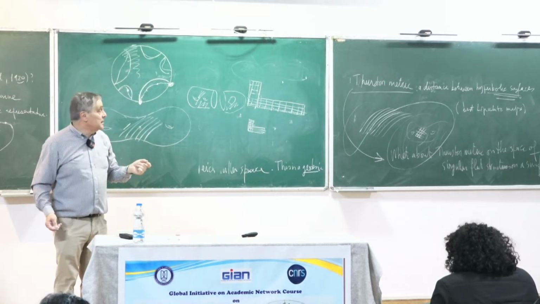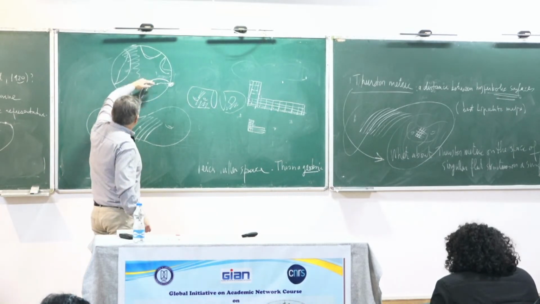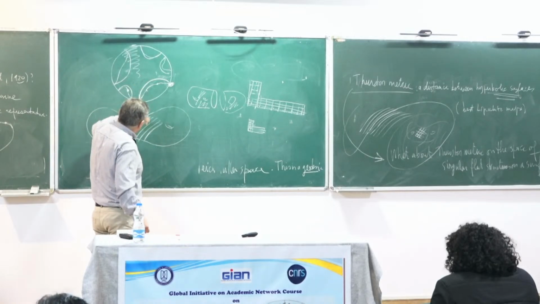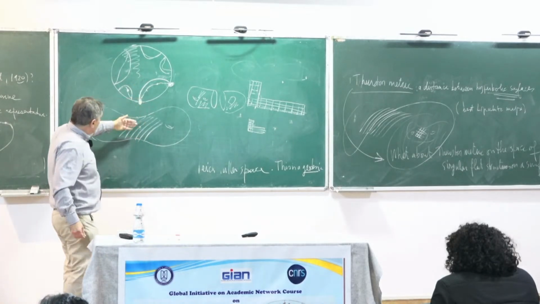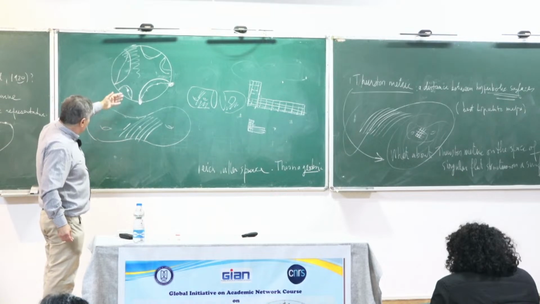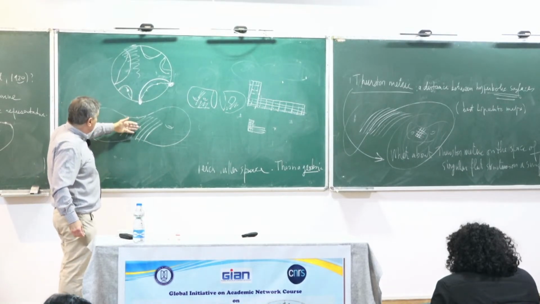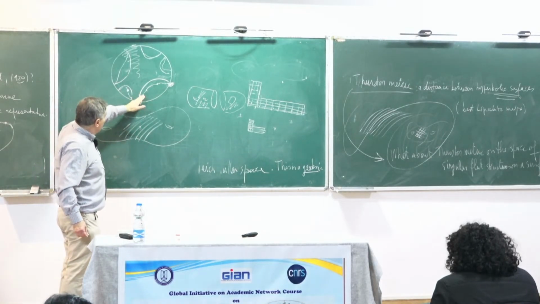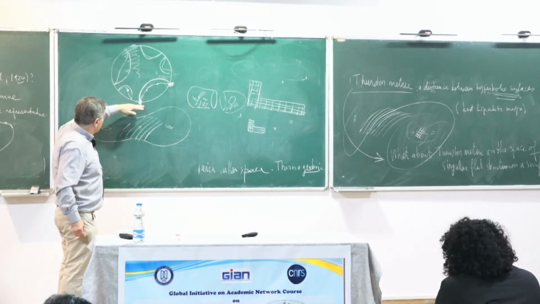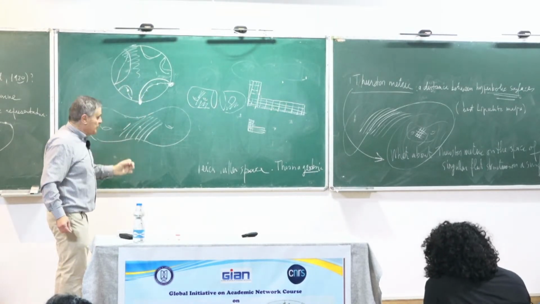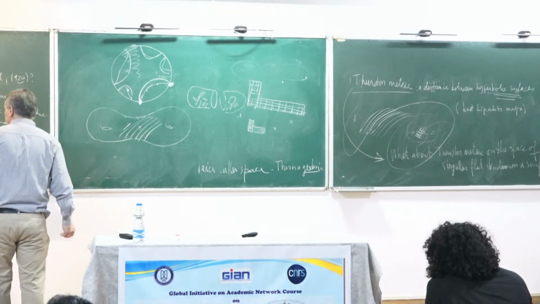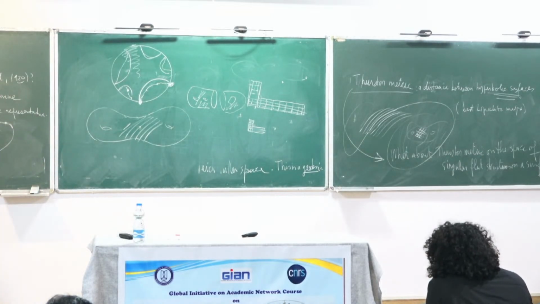I get a collection of geodesics, and since everything is compatible, this is the universal cover of this. I'm doing the same thing on all the lifts. So the quotient is a geodesic representative of my measured foliation.